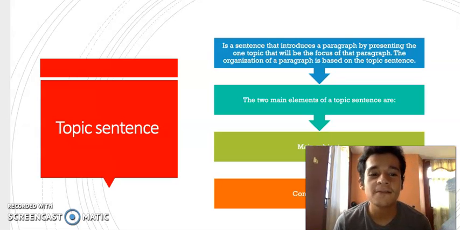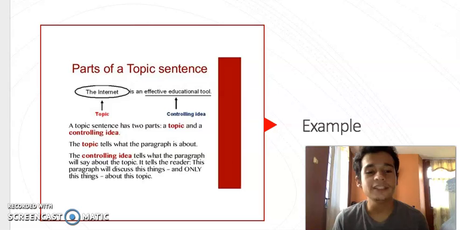Now, the two main elements of a topic sentence are the main subject and the controlling idea. Here we have a perfect example of the topic or main subject and the controlling idea. Now we know that the topic tells the reader what the paragraph is going to be about.